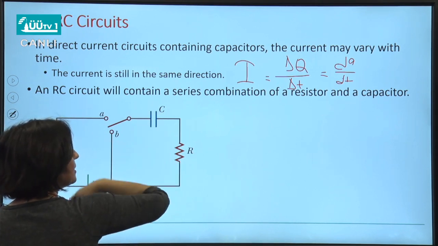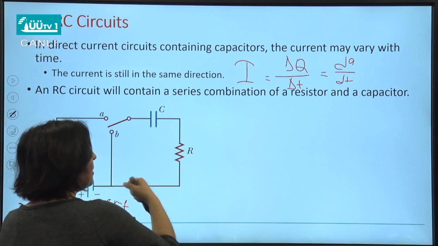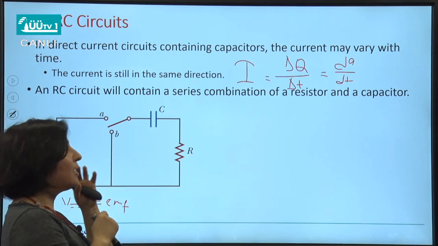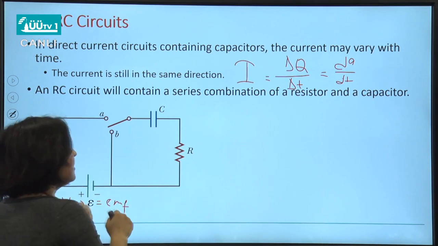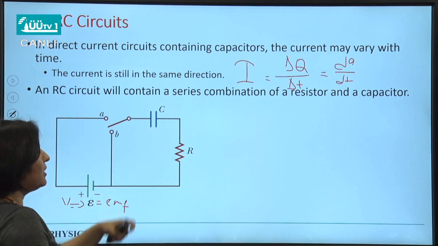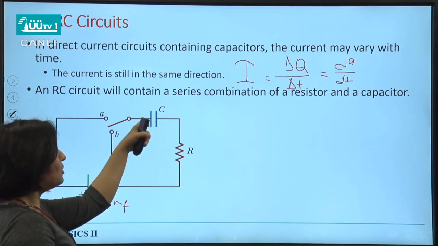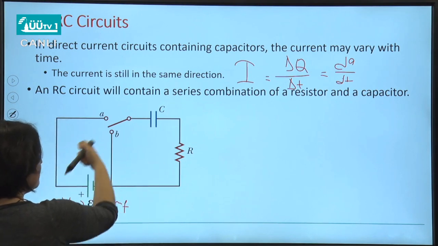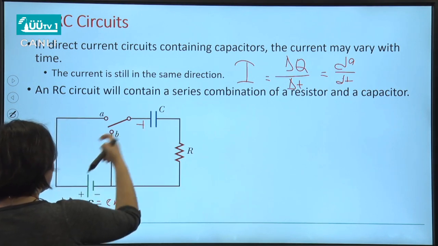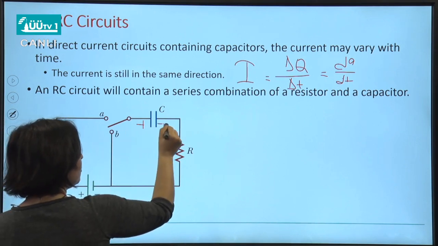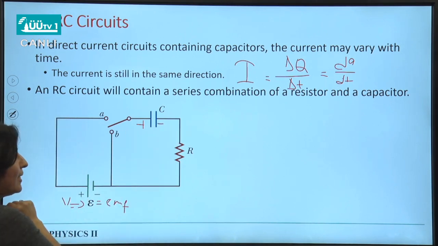What was the capacitor? If you remember, the capacitor was the member of the circuit which stores energy. When we connect a power supply to the capacitor, we charge the plates of the capacitor positively and negatively. The side connected to the positive side of the power supply will be positive, and the other side will be negative.